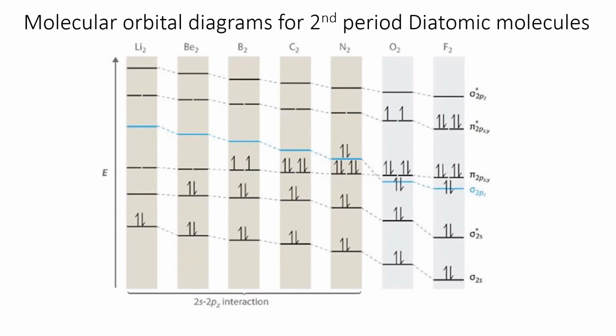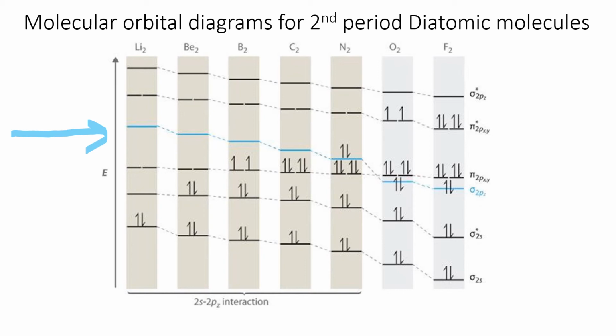Now, what we have to start paying attention to, that you haven't seen in the individual molecular orbital diagrams, is there's some gradual shifting of energies of these orbitals as we go through. The one we have to pay attention to is this one in blue. This is the sigma 2p bonding orbital.